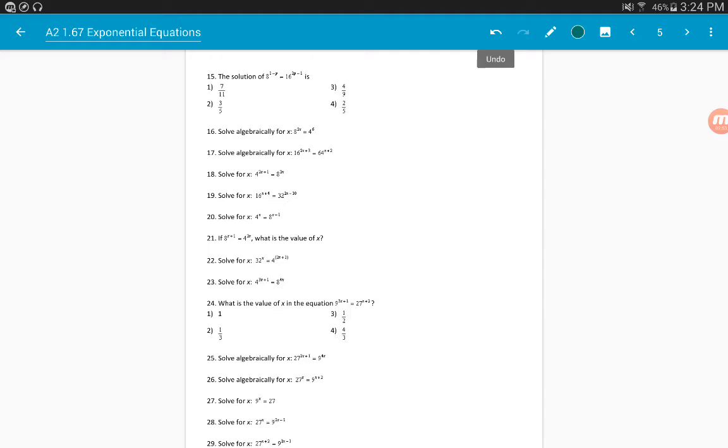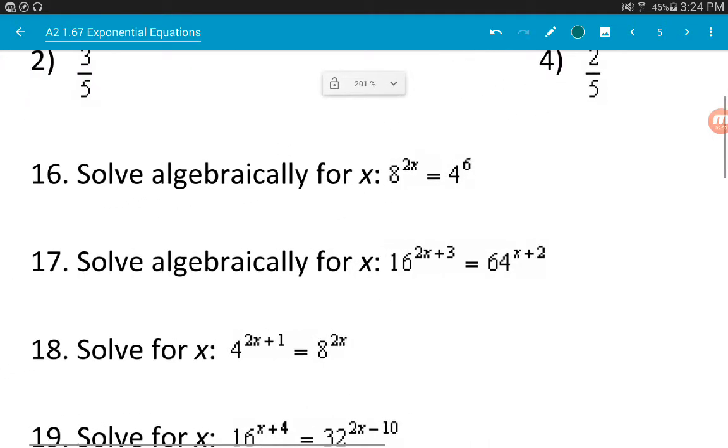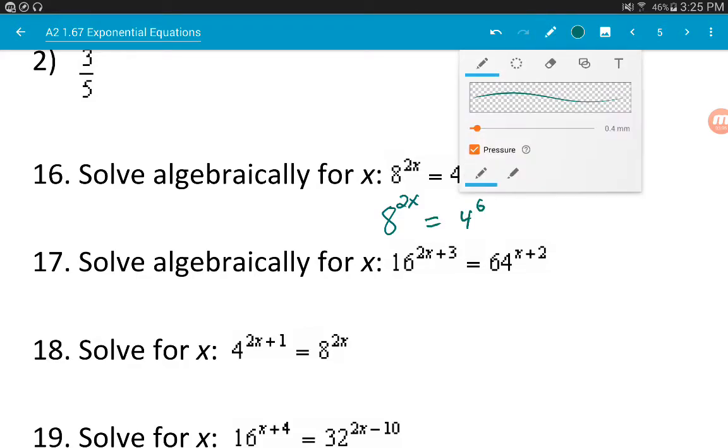Let's do one where we have to change both bases. For instance, question 16. Question 16 says 8 to the 2x is equal to 4 to the 6th.